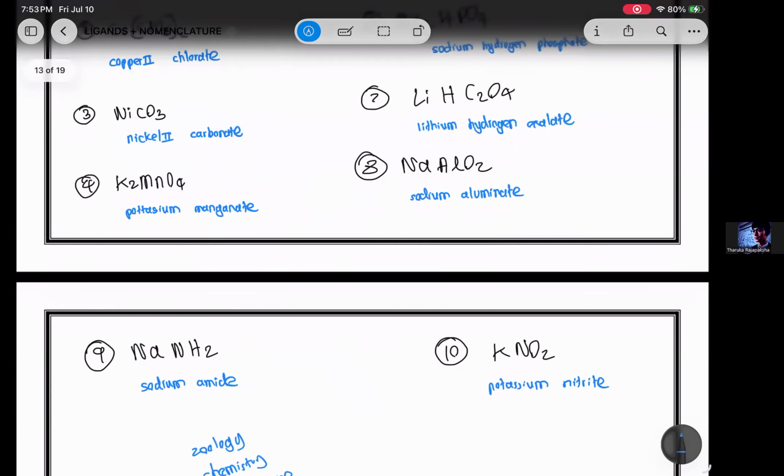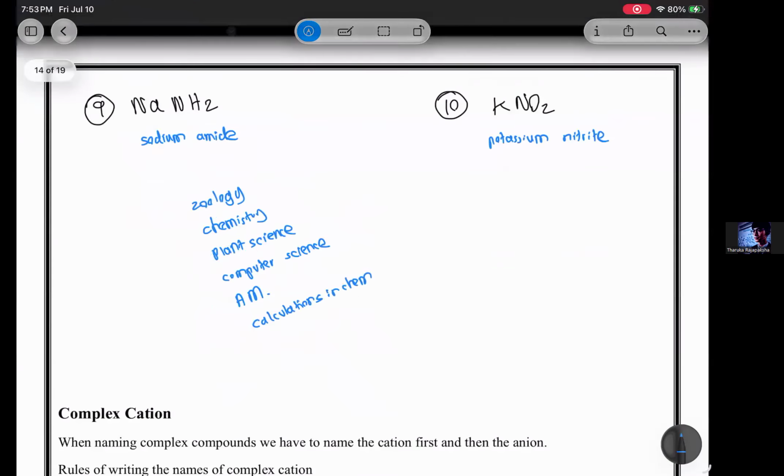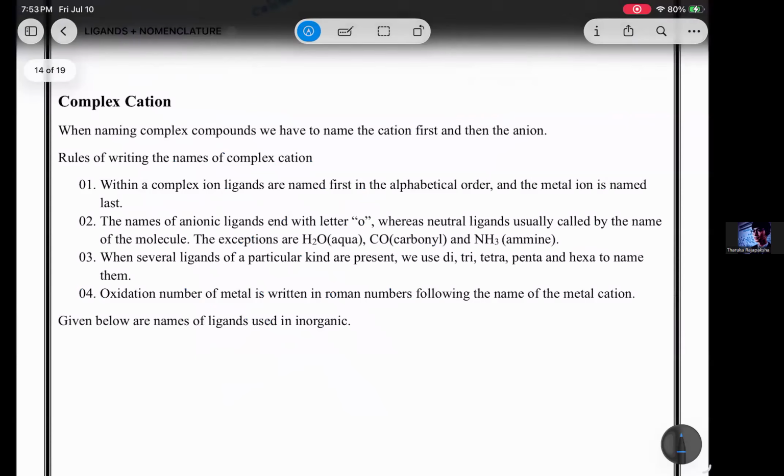Okay, then we are going on to the next one, complex cation. When naming complex compounds, we have to name the cation first and anion second as usual. Within a complex ion, ligands are named first in alphabetical order and the metal ion is named at last. The names of anionic ligands end with O, whereas neutral ligands are usually called by the name of the molecule.